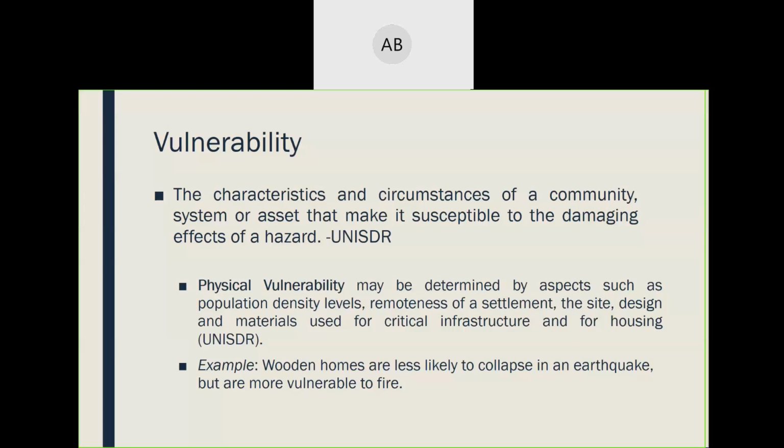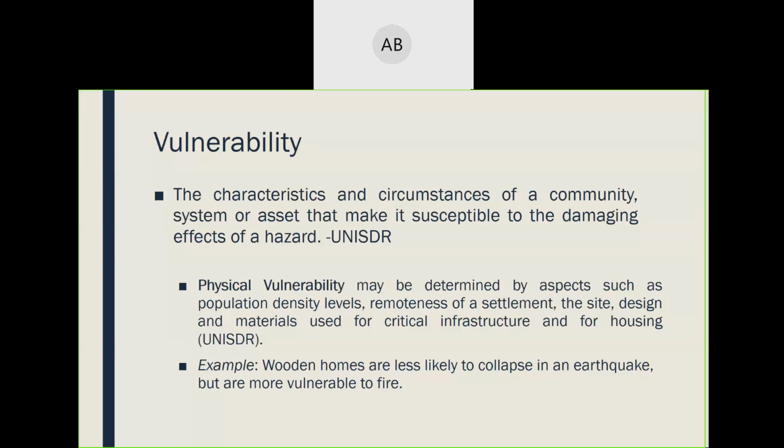Hazard is the probability of occurrence. That means whenever you talk about a hazard, immediately you should be able to relate this term with something probable of occurring. Similarly, whenever you talk about vulnerability, you should be able to associate this term with degree of damage, degree of loss.